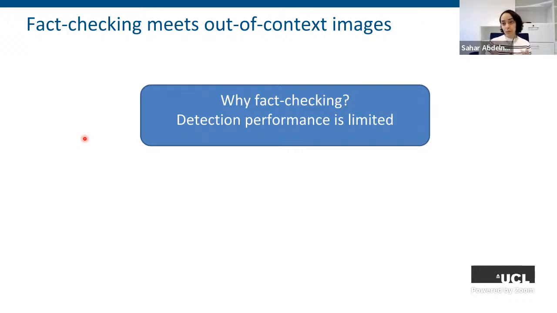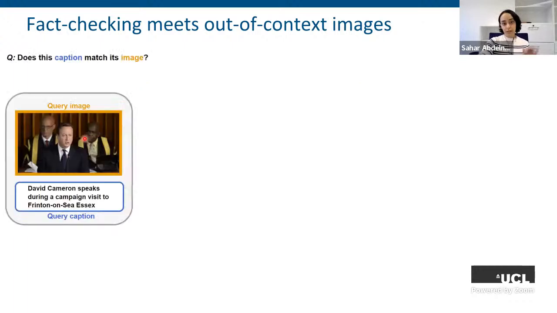And therefore, given the query image and the query caption, we propose to leverage external knowledge, or external evidence, that we will get via online resources or via internet search. And based on these external items and external evidence, we would like to verify the pairing of the image and caption in order to detect if this is a true or falsified pair. So let's take this example here from the dataset.